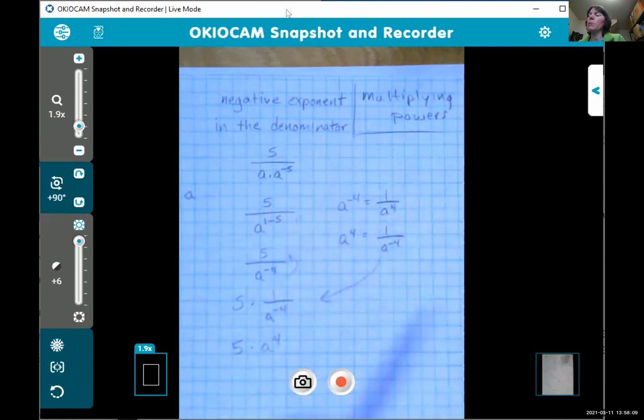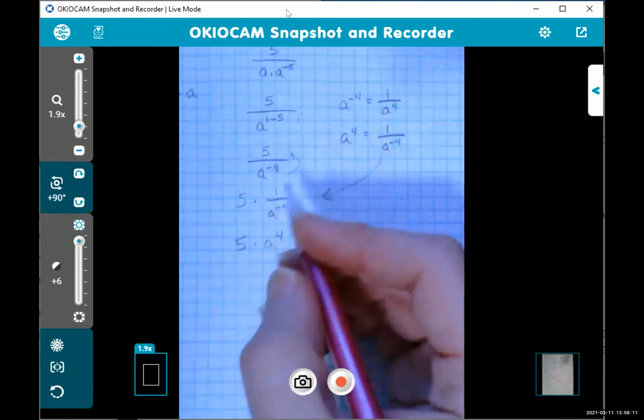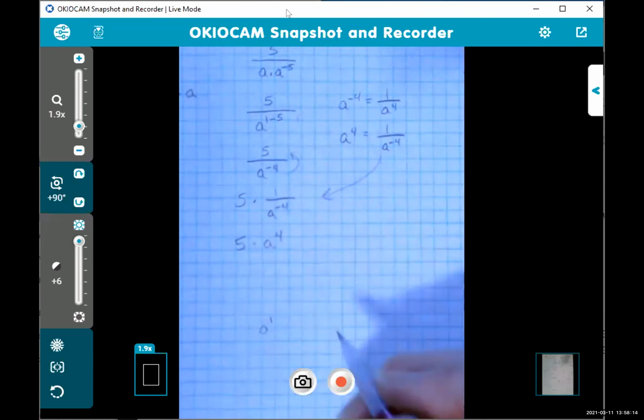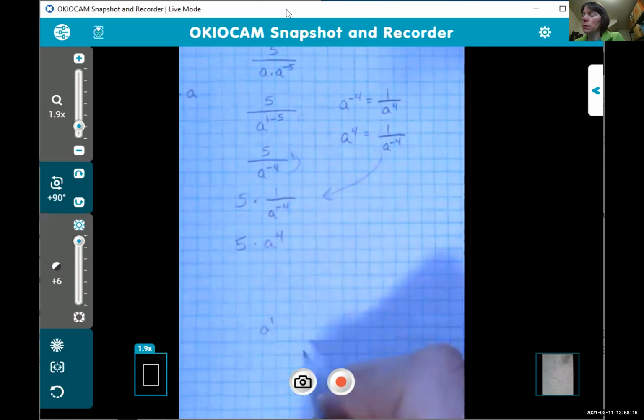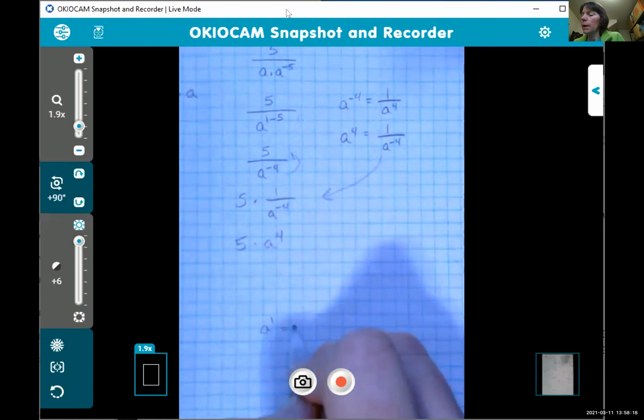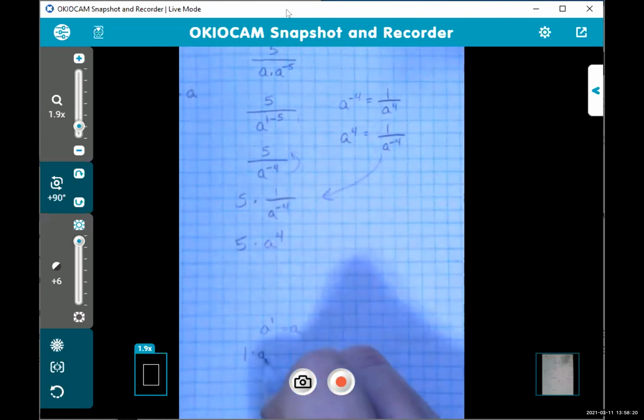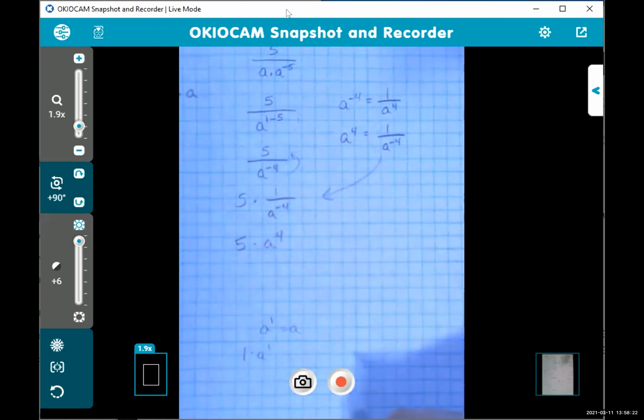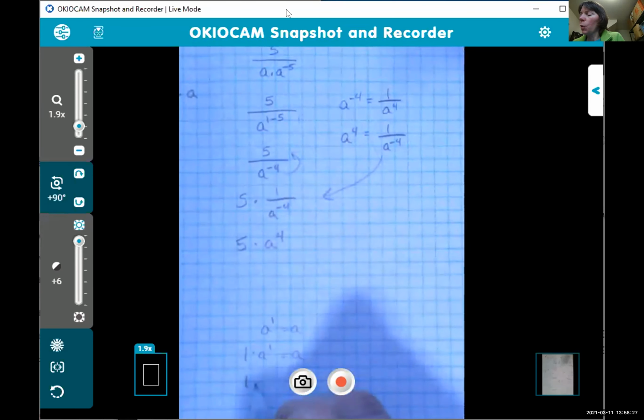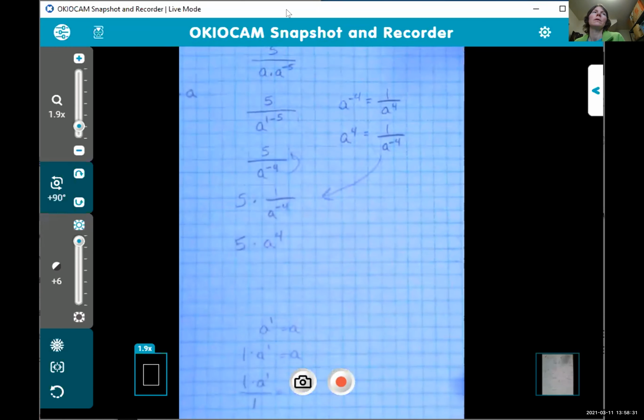So let me write it this way for a minute. If I have a to the first power, what does that equal? A, right? And if I had 1 times a to the first power, what does that equal? A. And if I had 1 times a to the first over 1, what would that equal?